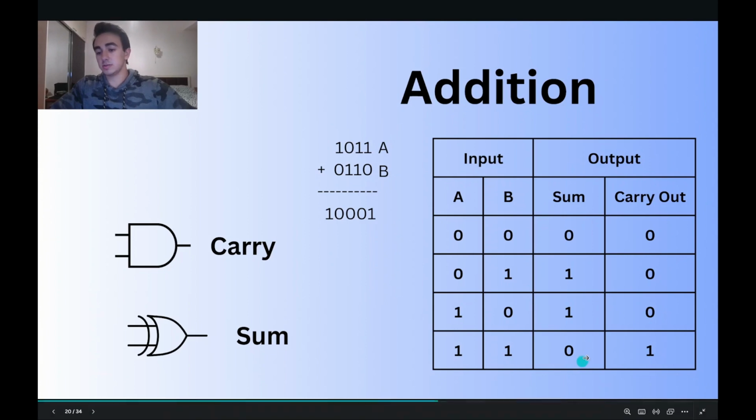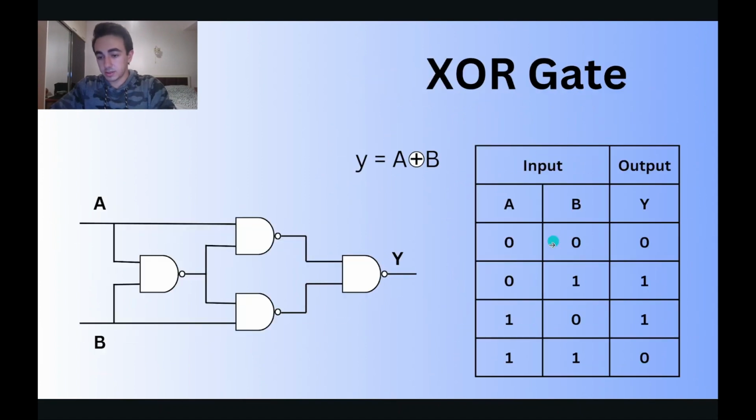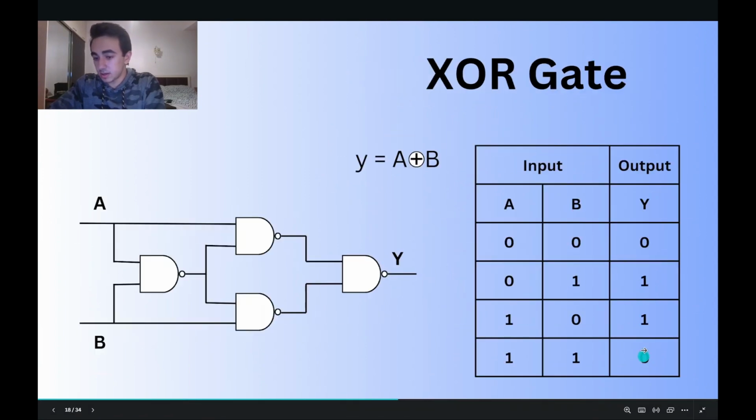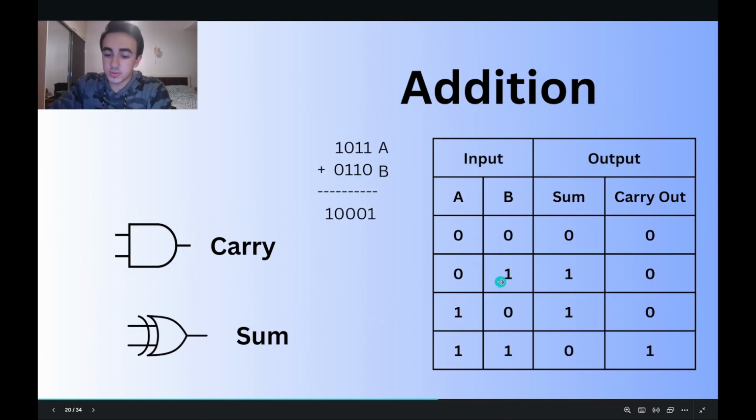So let's see the truth table for sum. Does it remind you of something? Isn't it similar to the XOR gate? We get zeros when the inputs are the same here and here, and one when the inputs are different.